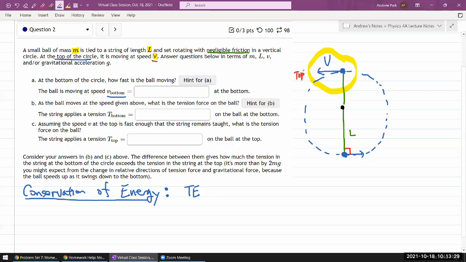So I have one snapshot already identified. And since we want the speed at the bottom, the other snapshot that we should use is this one here. Let me label that bot for bottom. So we say total energy at the top is equal to total energy at the bottom.